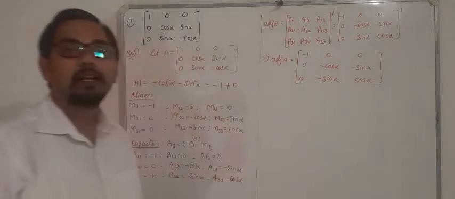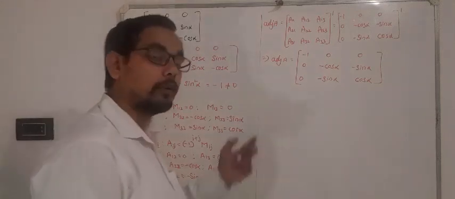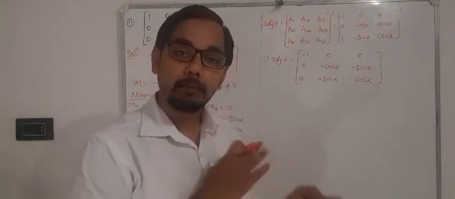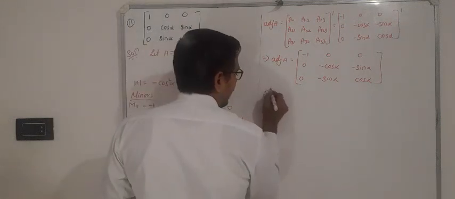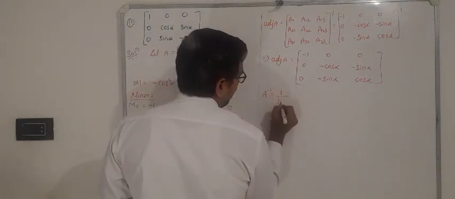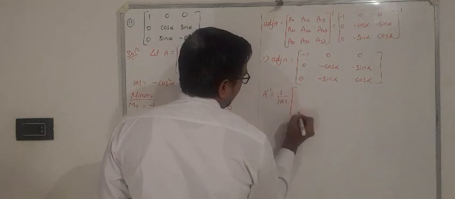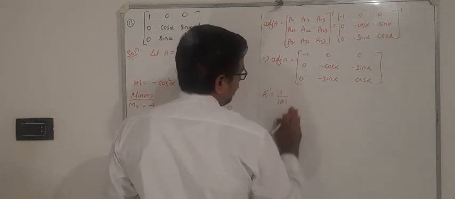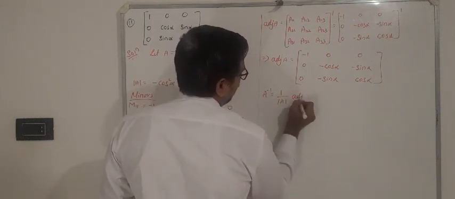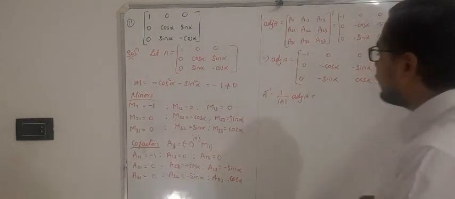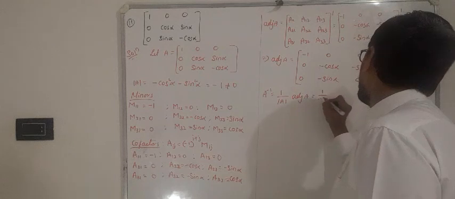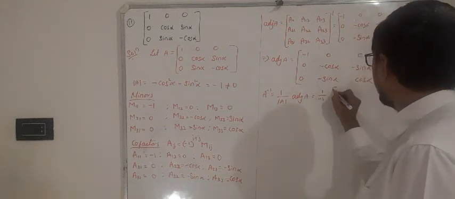This will be our adjoint A. With the help of this, we can easily find A inverse. A inverse is given as 1 over determinant A into adjoint A. So what is determinant A? Minus 1, so 1 divided by minus 1.